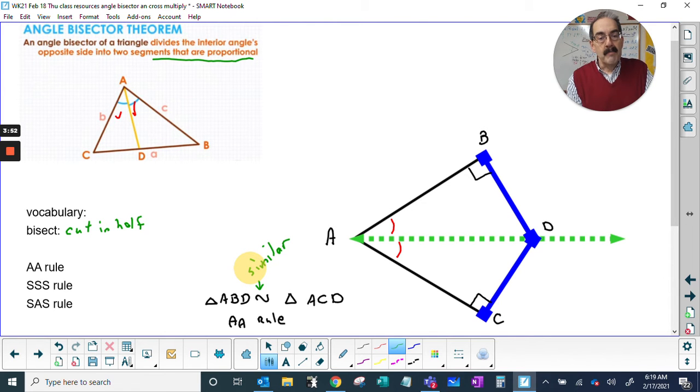Now, because they're similar, that means these two lines are proportional. These two lines are proportional. Okay? So I want you to believe that the angle bisector rule does exist. We created it in such a way as to bisect.